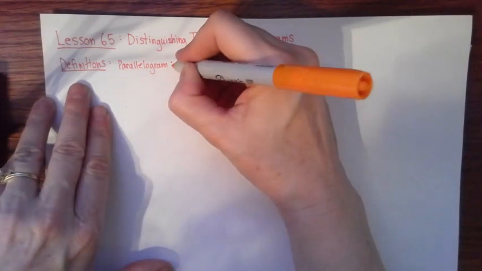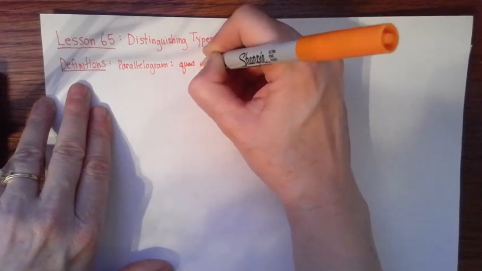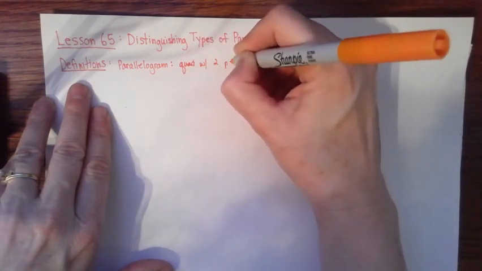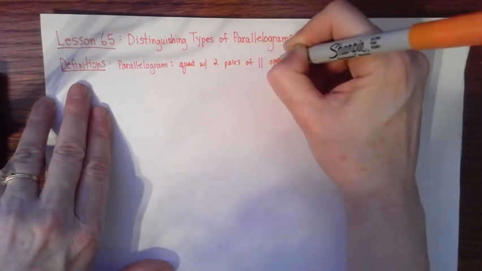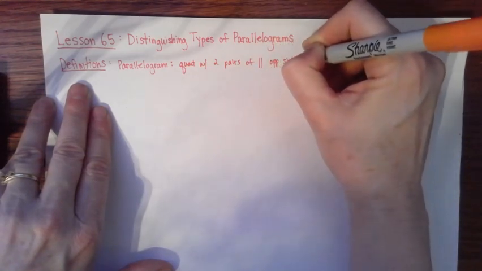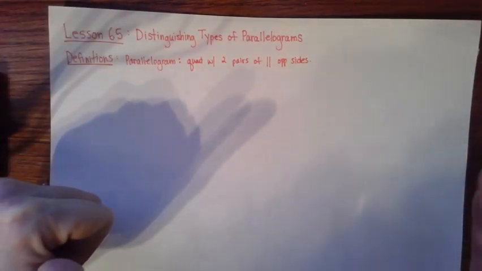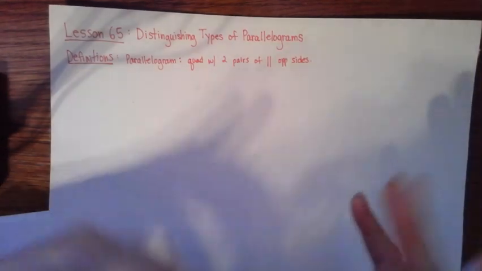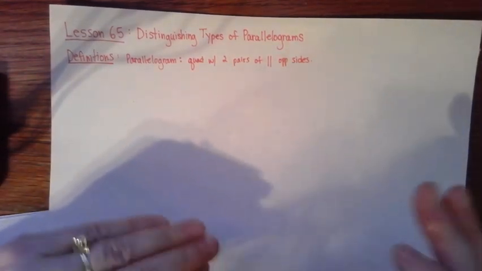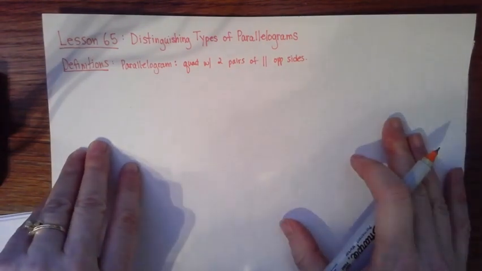So a parallelogram is a quadrilateral with 2 pairs of parallel opposite sides. Now there are lots of properties that we know about parallelograms, like those opposite sides are also congruent, but that's not part of the definition. The definition is just that the opposite sides are parallel.